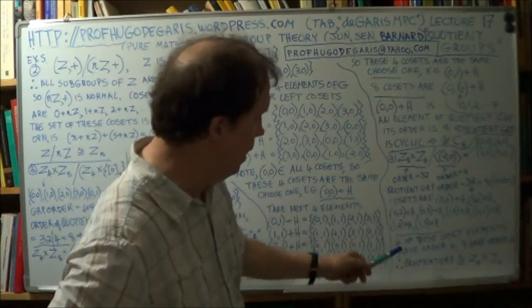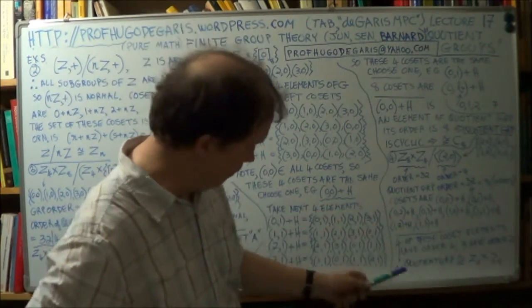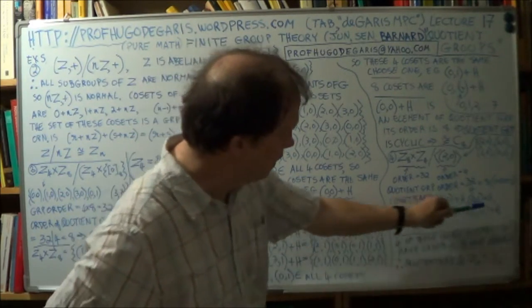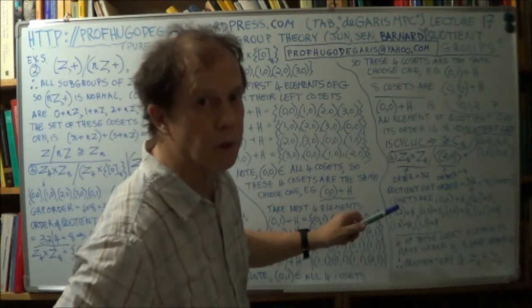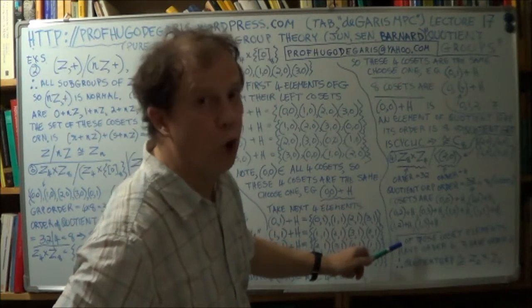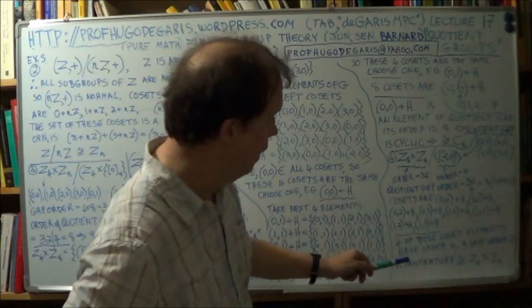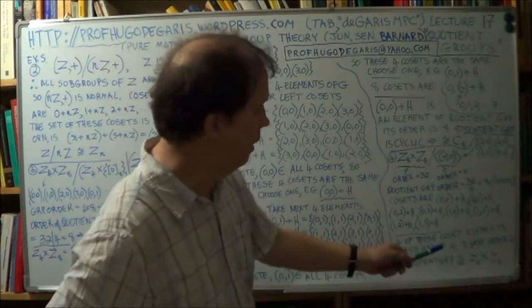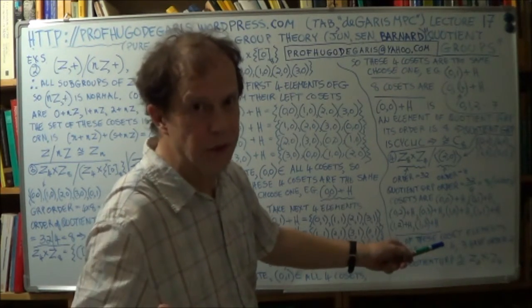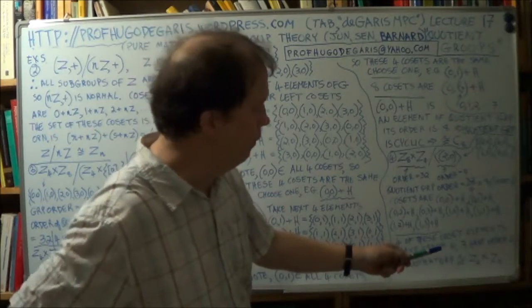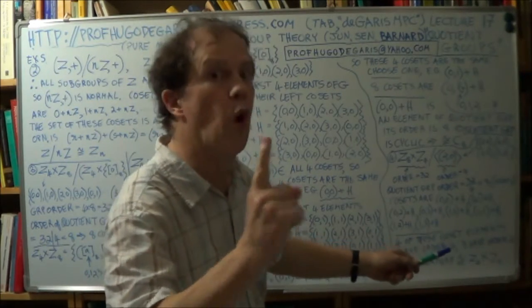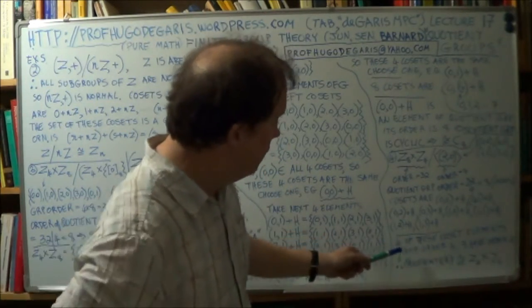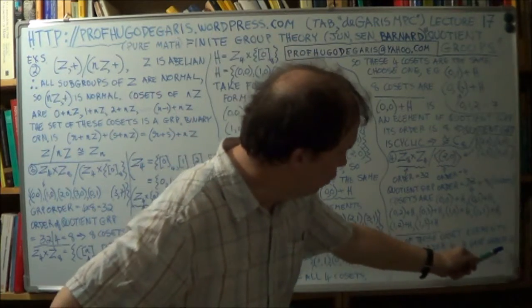Find their order. Now, if you do that, you'll find that 4 of these 8 members of the quotient group have order 4. Of course, one of them will have order 1. That's the unit. That's always true for any group. There's always one element that has order 1. That's the unit. And 3 of them will have order 2.